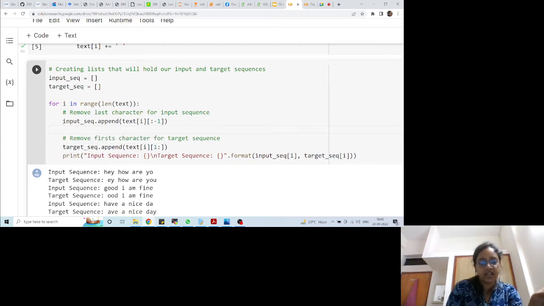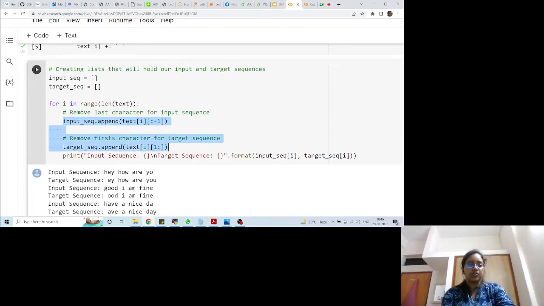That is given by these two lines. You start from the 0th character and go up till the second last character. This becomes your training set. And what your target becomes is you start from the first character until the last character. That becomes your target.